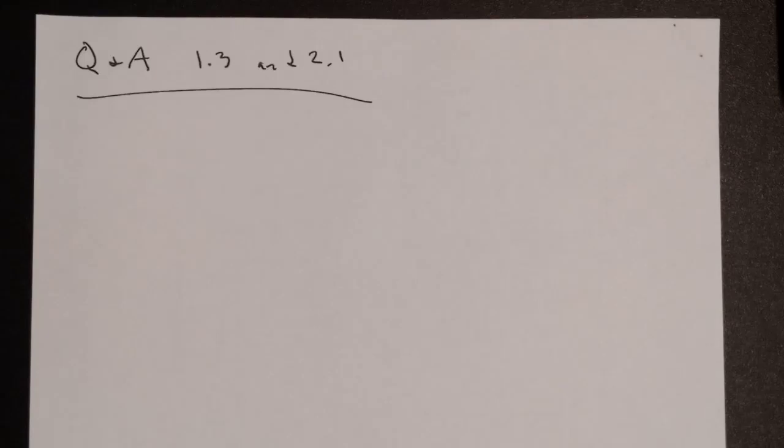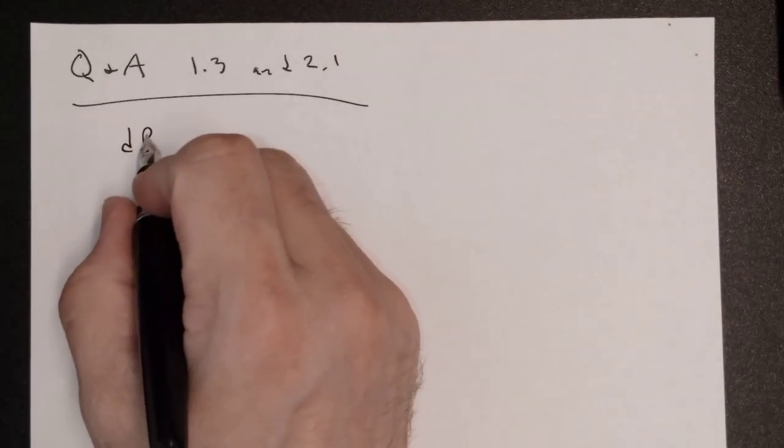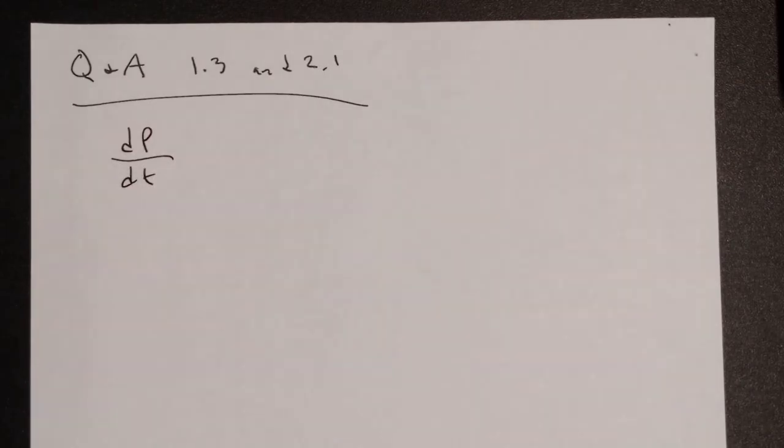Problem 3 says, determine a model for population if birth rate is proportional to the current population, death rate is proportional to the square of the population. So, change in population over time is proportional to birth rate.